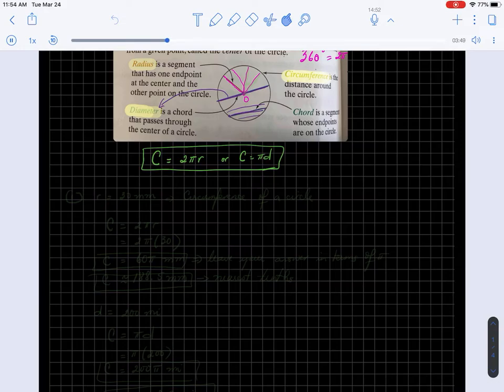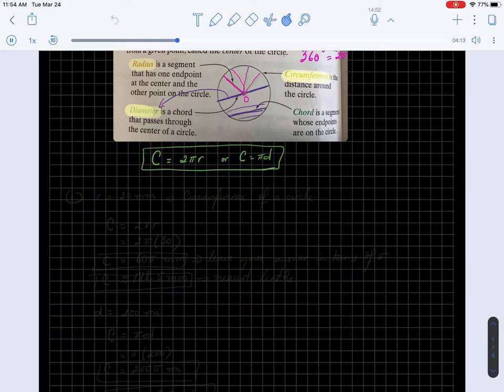Okay, earlier I was talking about a central angle. Central angle is when 2 radii, let's say I'm going to have this radius right here. Oh, that didn't give me anything.